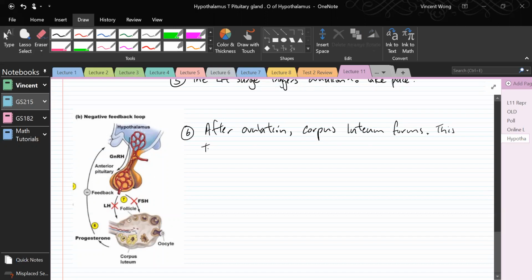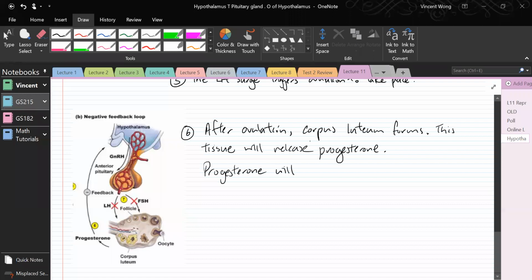This tissue will release progesterone. Progesterone does two things.